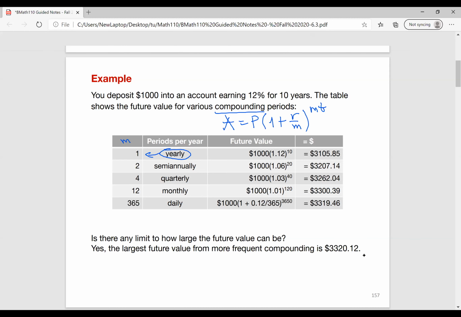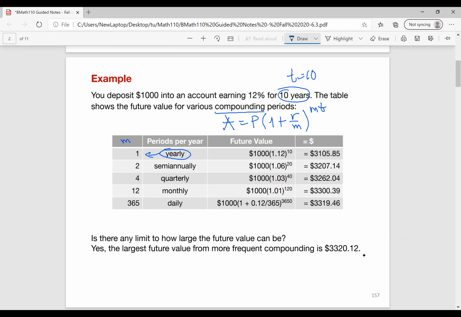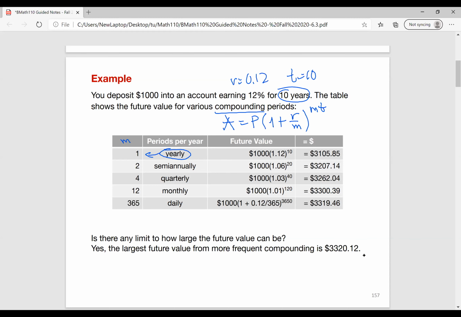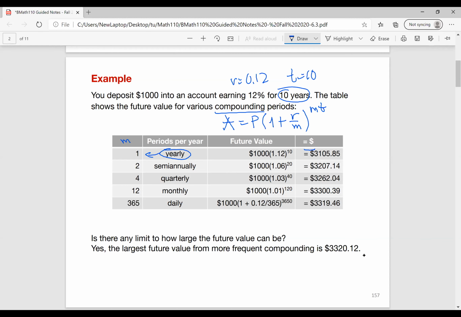Using this formula and applying it, remember that t equals 10 and the rate in here is 0.12. Then after 10 years with yearly compounding, you will have $3,105.85 after 10 years. See that?